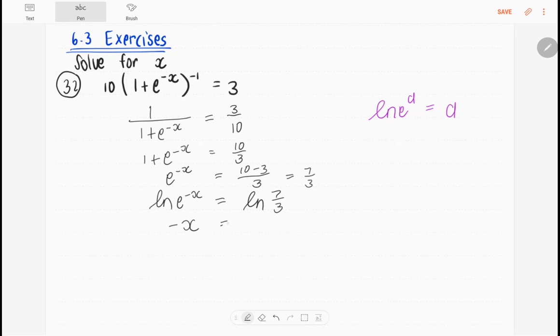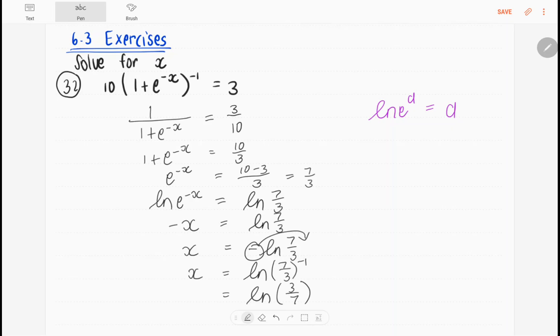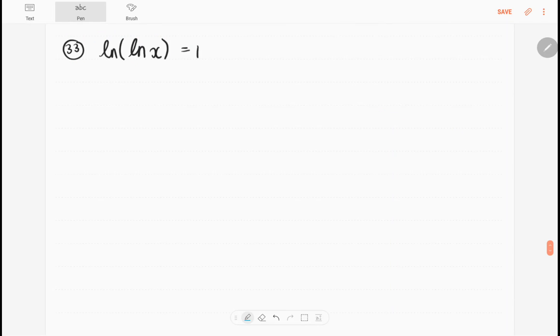And on the right-hand side, I still have ln of 7 over 3. That becomes x equals minus ln of 7 over 3. And then I can take this minus and I can write it as an exponent. So I have x equals ln of 7 over 3 to the minus 1, which is then ln of 3 over 7.